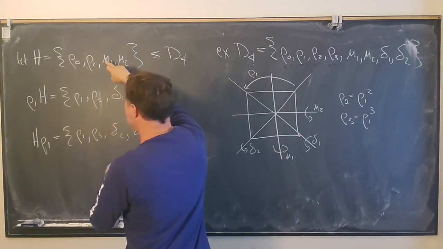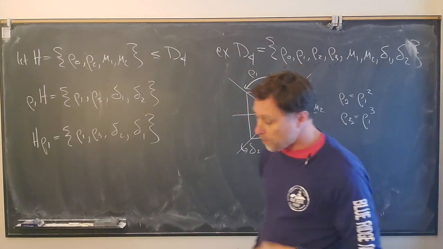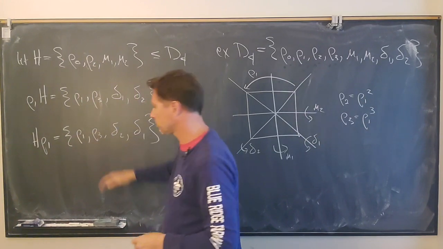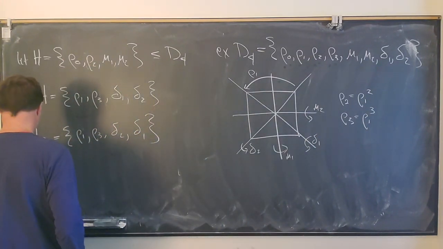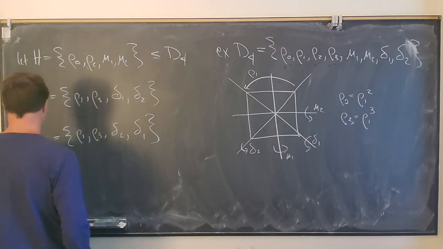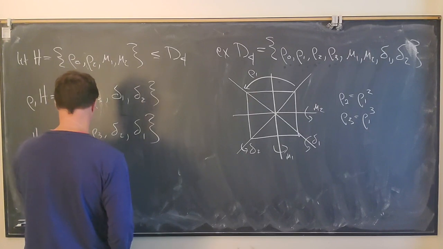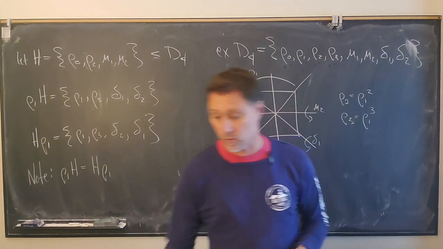But if you do mu1 times rho 1, you get delta 2. But in the end, notice what we get is the same set. They're listed in different order, so note that rho 1 times H is equal to H times rho 1. So the left coset is equal to the right coset.